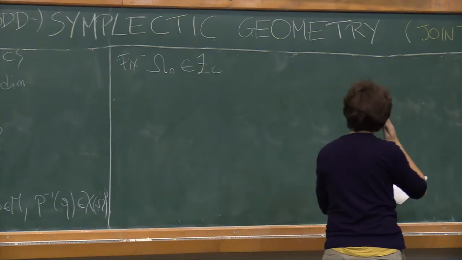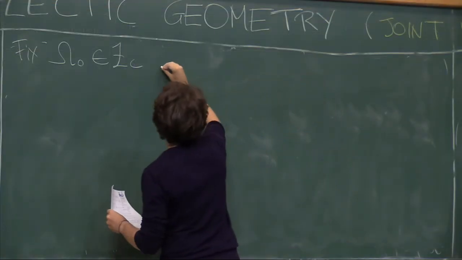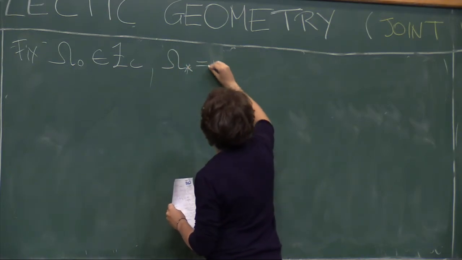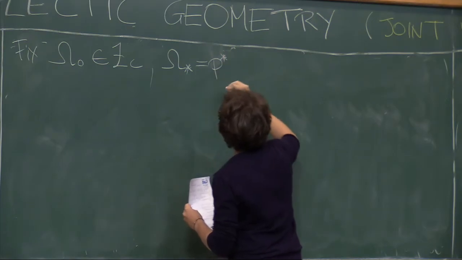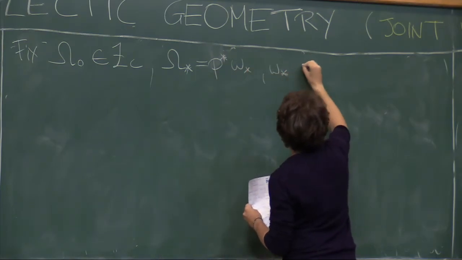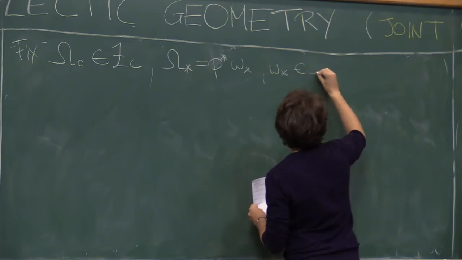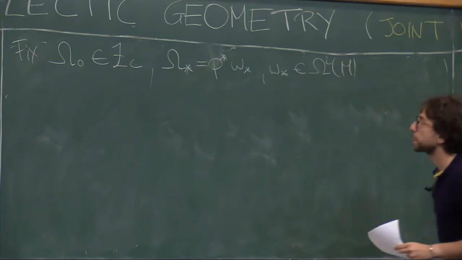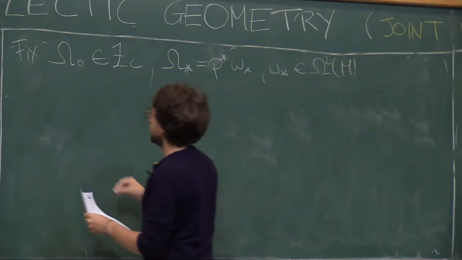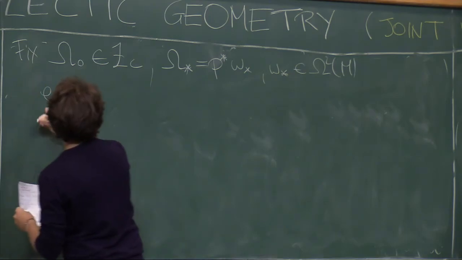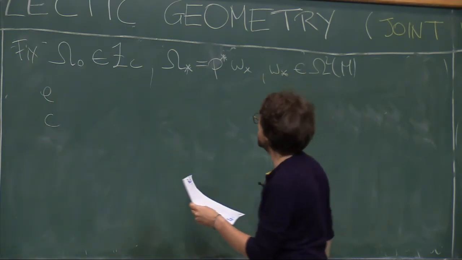And then I choose as this reference form omega star any form which comes from downstairs. This is just some 2-form on M. And then I define E and C. These are two classes in the de Rham cohomology of the base.